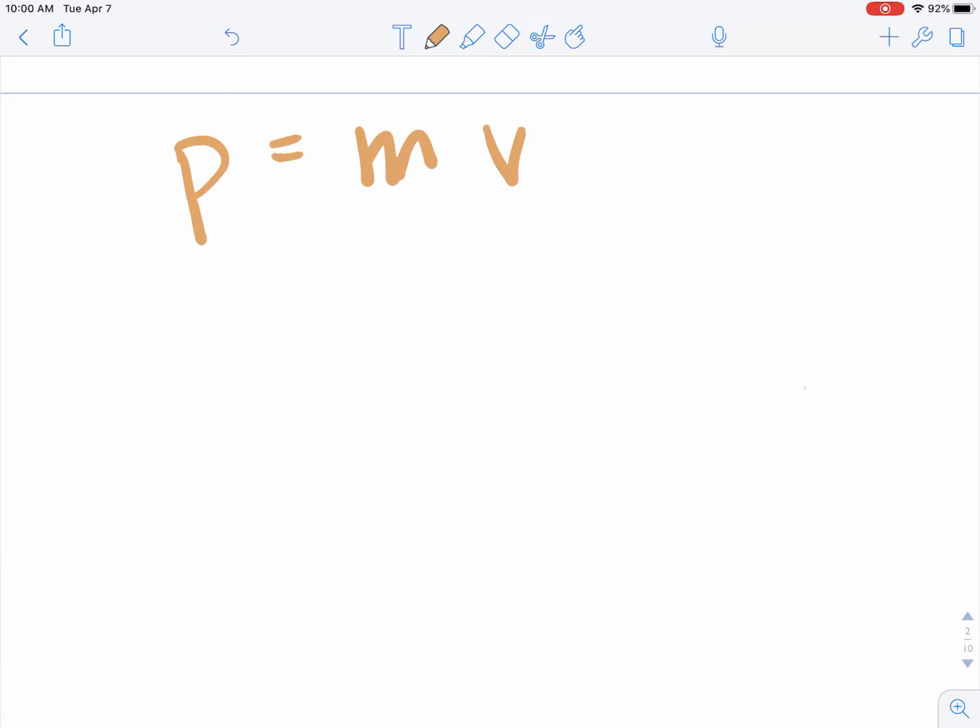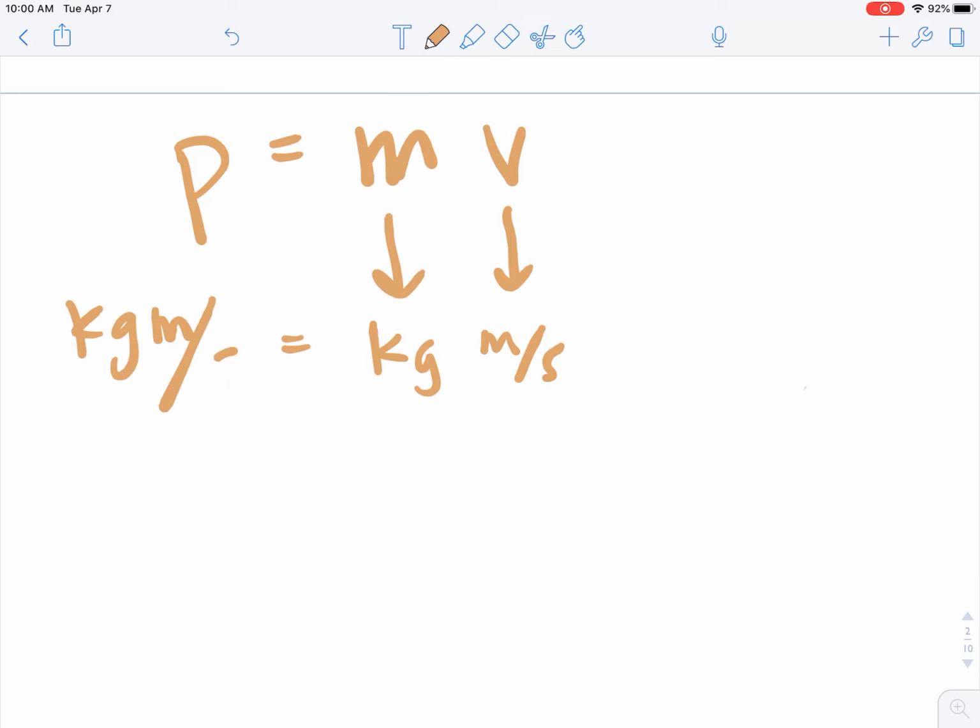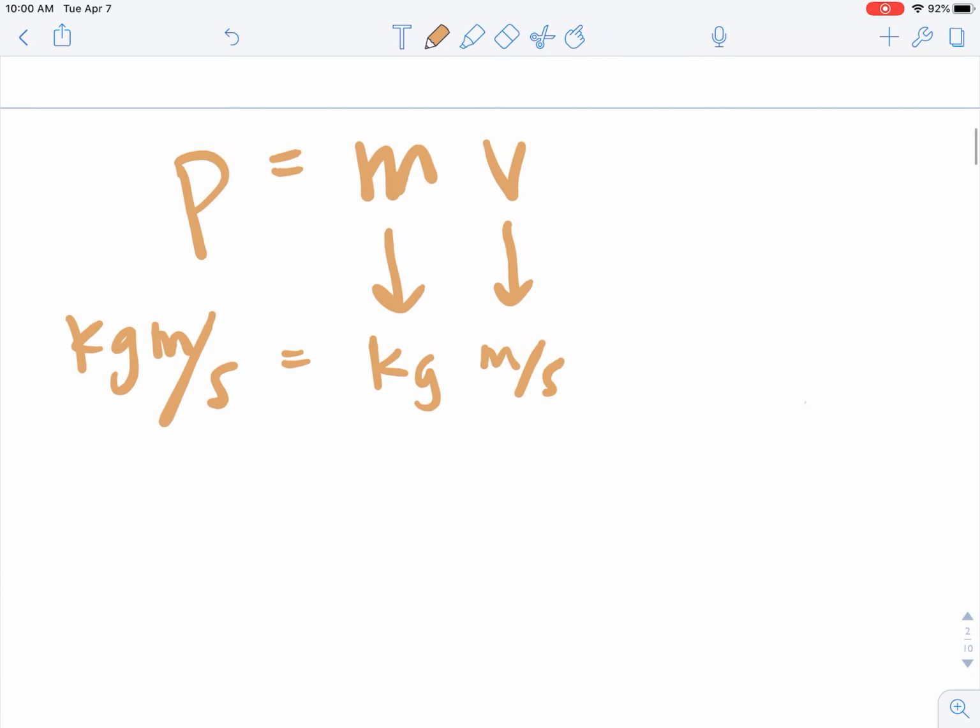It directly depends on both of those things. The more mass you have, the more momentum you have, and the more velocity you have, the more momentum you have. If you want to know what to measure momentum with, mass is measured in kilograms, velocity is measured in meters per second. Kilograms times meters per second will be kilogram meters per second.